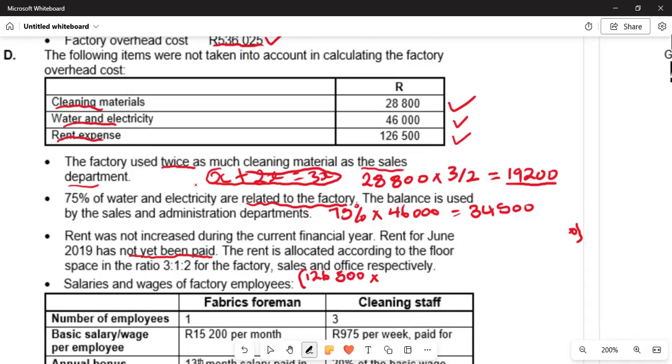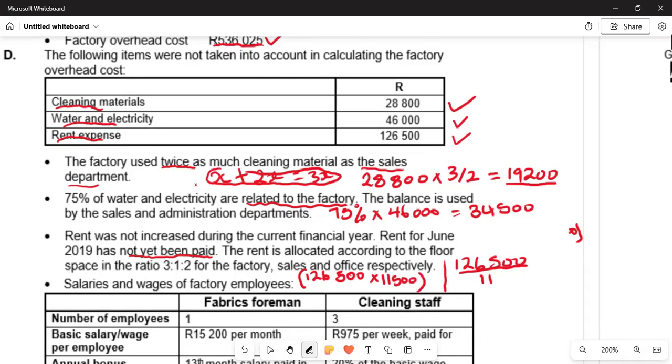We are going to say 126,500 divided by 11 months, because the rent for June 2019 has not yet been paid. This is outstanding. When we divide 126,500 by 11, it's going to give us 11,500.